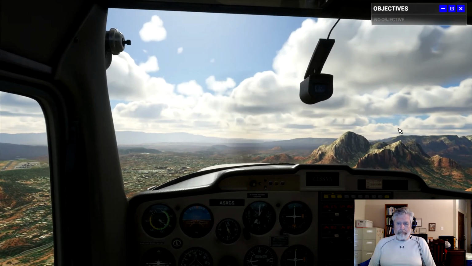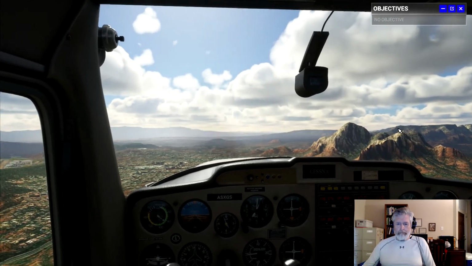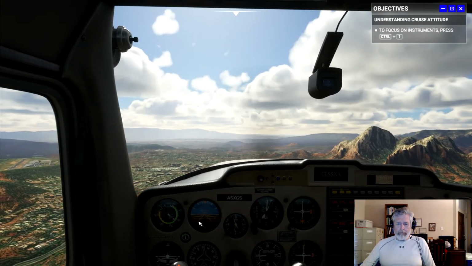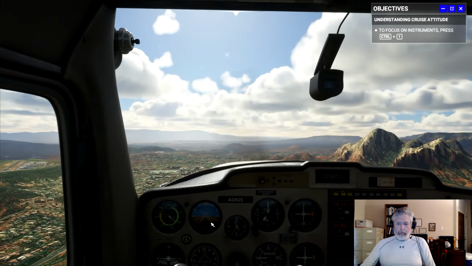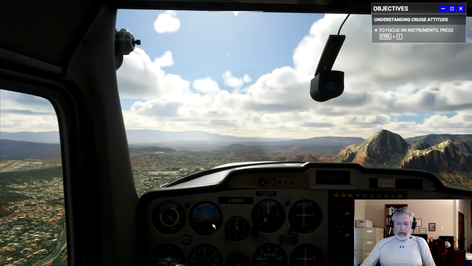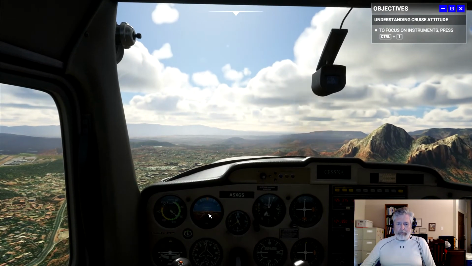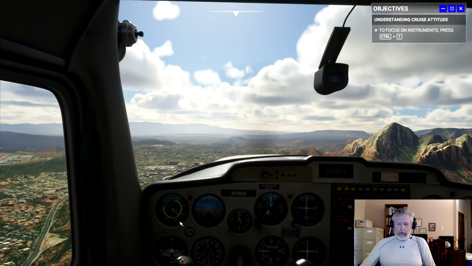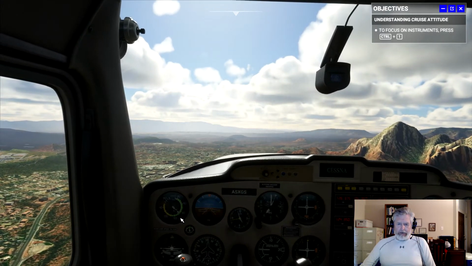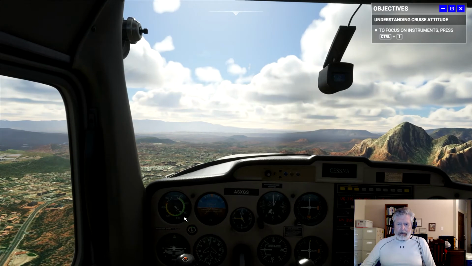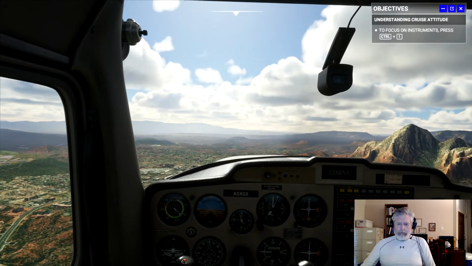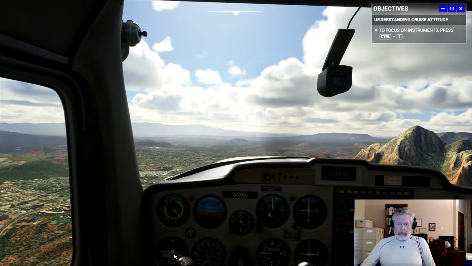Check to see how it shows up on your instruments. Instruments show the plane level, pointed at the horizon. Speed currently is about 90 knots. We are coordinated.